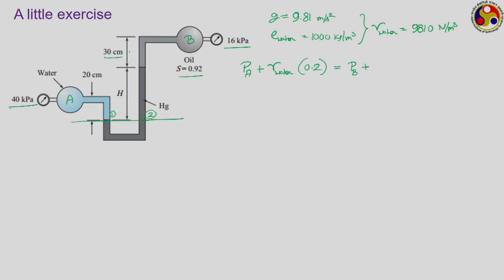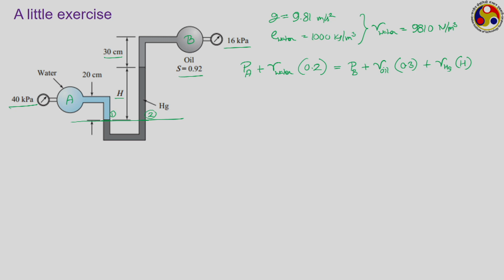We have first a 30 centimeter column of oil. So, it is gamma oil into 0.3 plus we have a column of mercury of height h. So, this is gamma of mercury into height h.